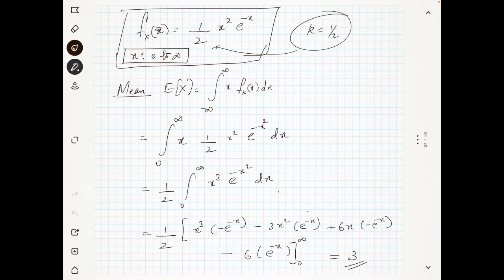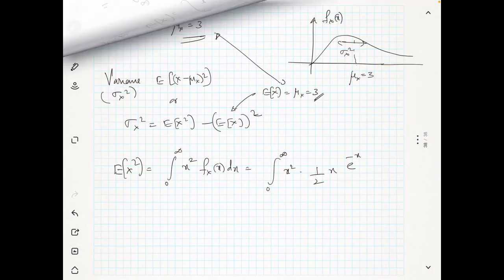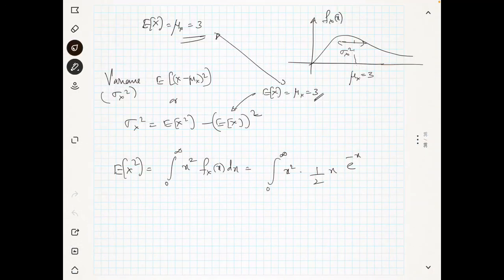Okay, I have made a mistake here. This is only x, please. So this is also x and this is also x. Okay, I have made a mistake here, and yes, here it is. Okay, fine. Now x square into 1 by 2 into x into e power minus x, okay, dx.